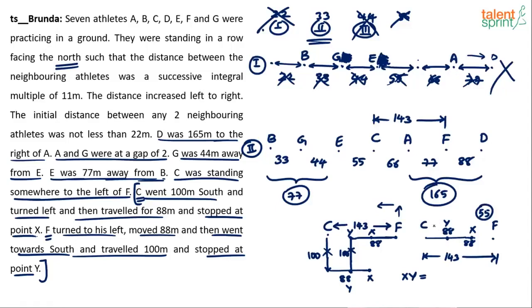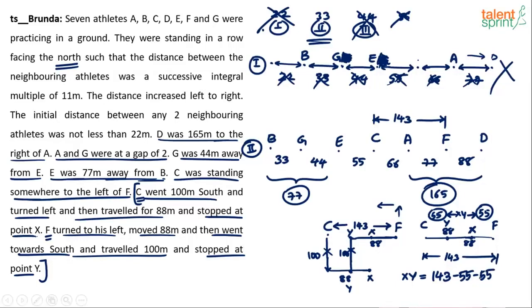Likewise, what is the distance between C and Y? F moved 88 meters in this direction, so from 143 subtract 88. This is also 55. So XY plus 55 plus 55 is 143, and XY is 143 minus 55 minus 55.